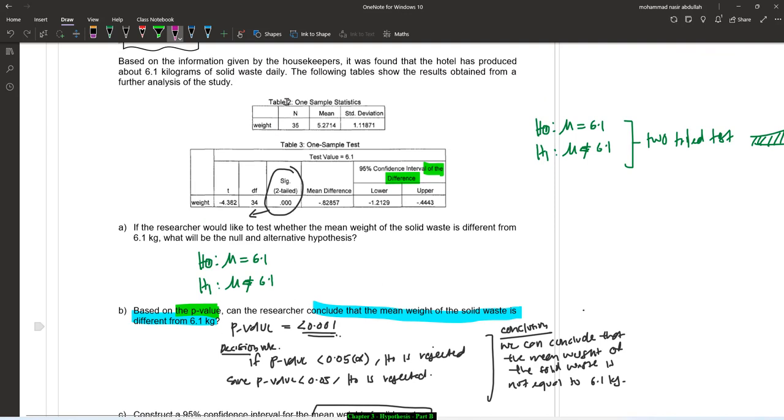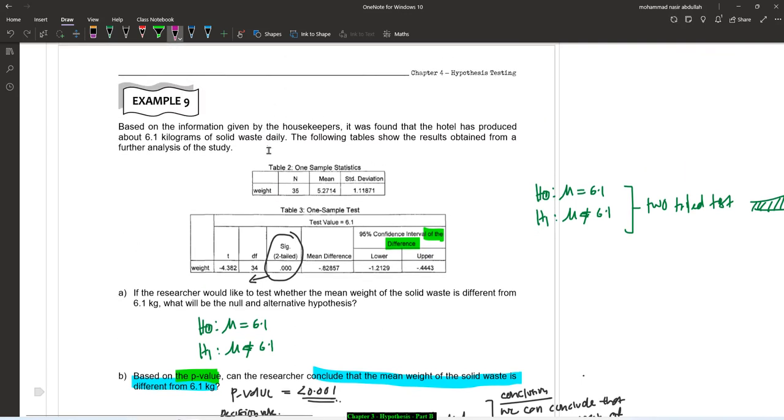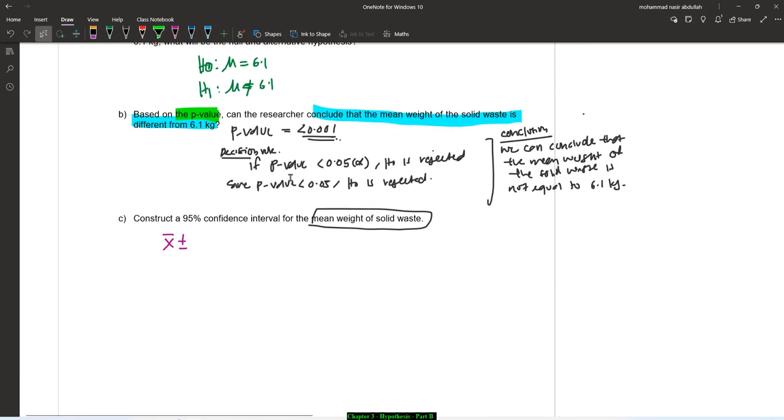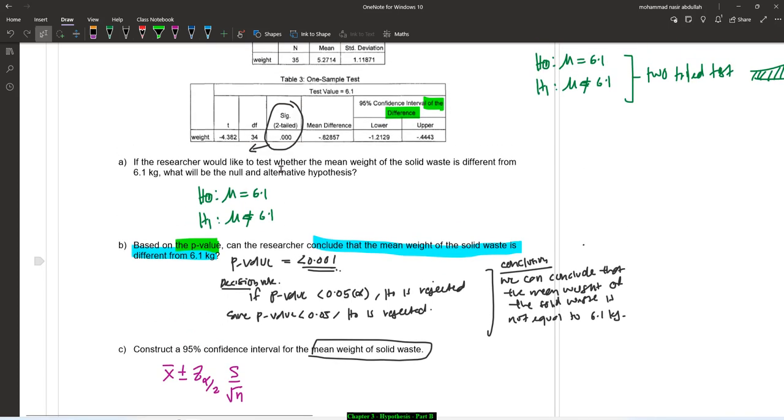Looking here, the population standard deviation is unknown. So look at the sample size. The sample size here is more than 30. So we're going to use the Z distribution: Z alpha divided by 2 times S over square root of N. So we just plug in the values here, right?